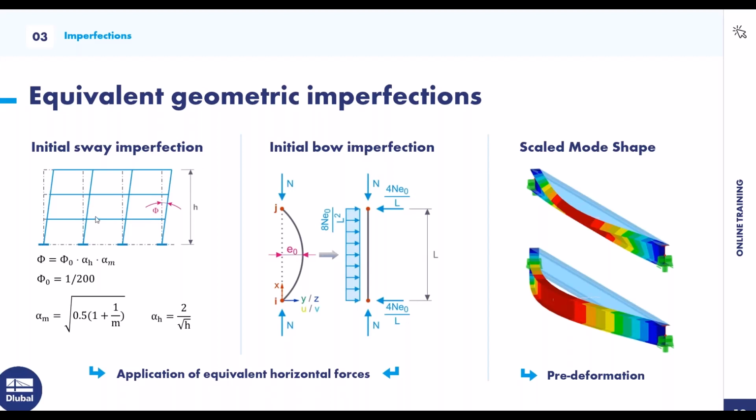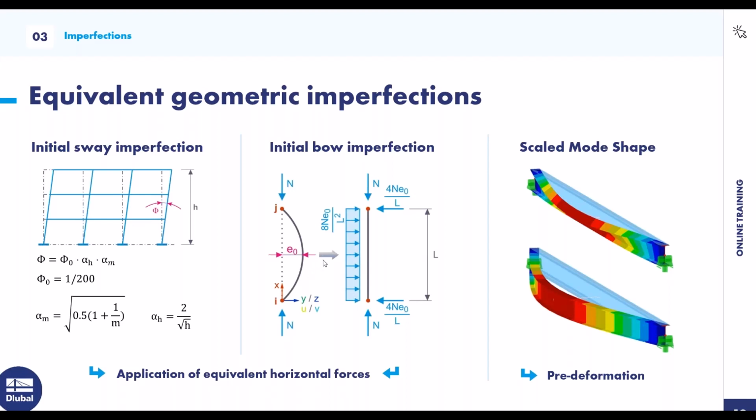On the left side of the graphic, you can see the initial sway, the global imperfection that can be applied to the structure. And if individual components are to be examined more closely, there is the local equivalent imperfection, for example an initial bow imperfection.